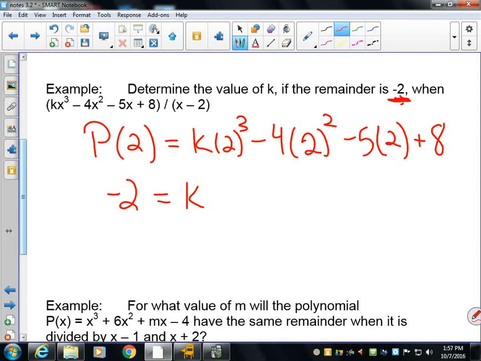So we could plug negative 2 in for p of 2. 2 cubed is what? 8. So I'll call this 8k. 2 squared is 4. 4 times negative 4 is negative 16. Negative 10 plus 8. How are we solving for k? We have to get it by itself.